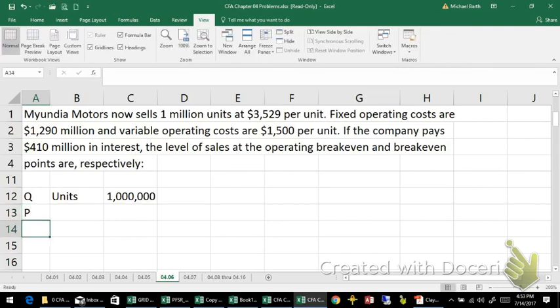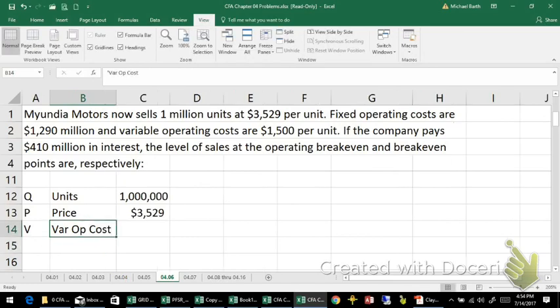The price per unit is $3,529. The variable operating cost, which we'll call V, are $1,500 per unit.